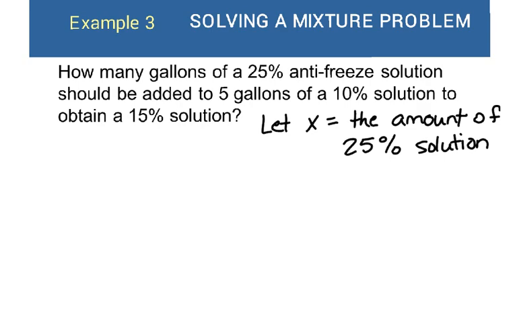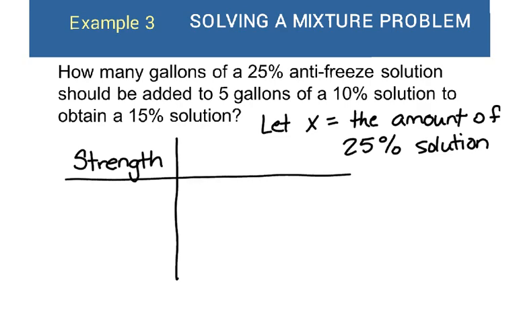In my table, I'm going to have strength. It's the strength of our solution, so 25%, 10%, and 15%. And then how many gallons of each strength we have of each solution. So gallons. And then last is going to be gallons of pure antifreeze.